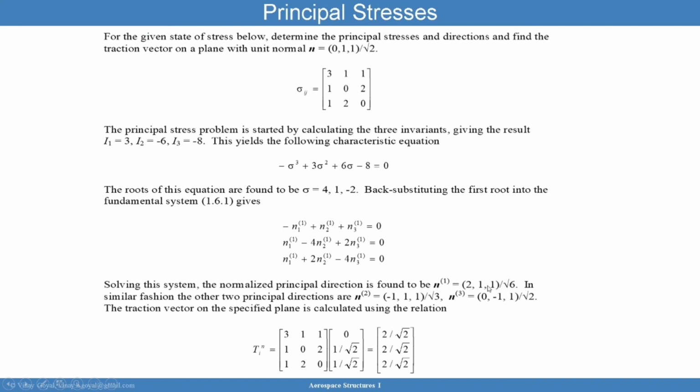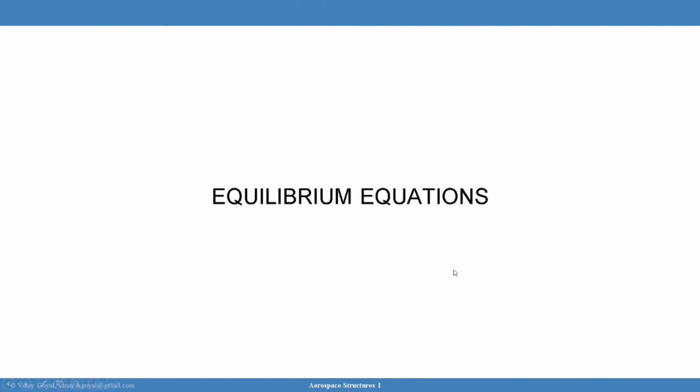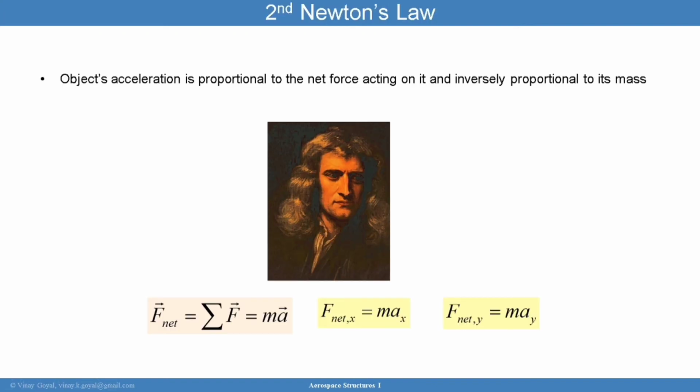You can then, in a similar fashion, find the other two roots, which are the principal stresses, and the associated normals. And this is useful for design of structures, because some failure criteria may use principal stresses as a criterion for failure. Let's now move to equilibrium equations.